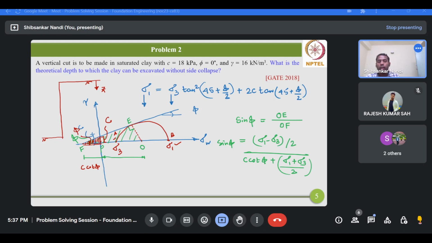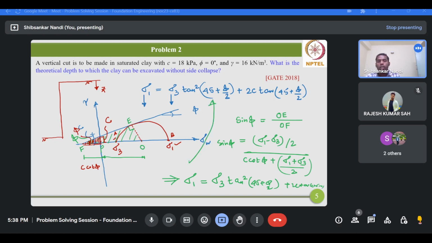Now if you go for some algebraic manipulation, then at the end you will have the final expression: sigma 1 equals sigma 3 tan square (45 plus phi by 2) plus 2c tan (45 degrees plus phi by 2), which I have already written at the beginning.